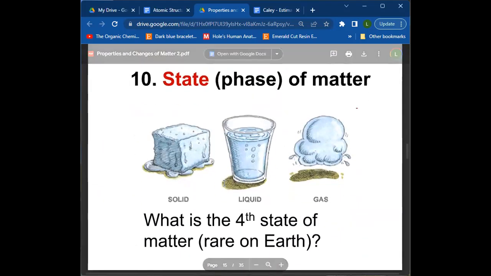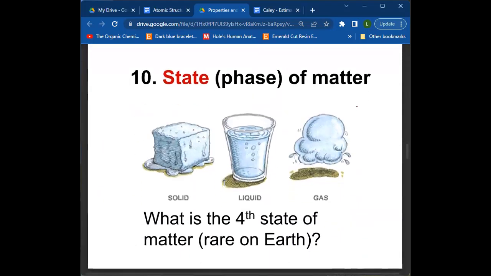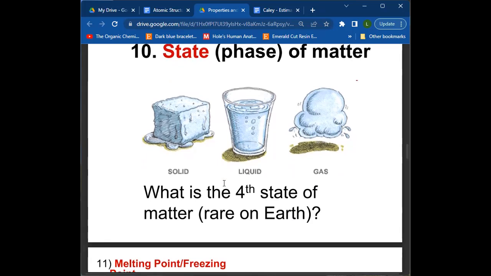And then the state of matter that it's in is also a physical property. That is supposed to be a solid, liquid, or gas. That's also still a physical property.